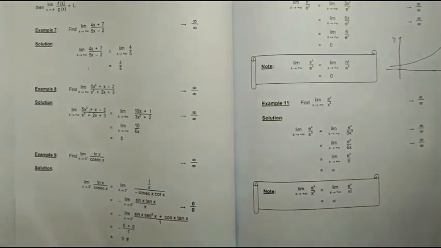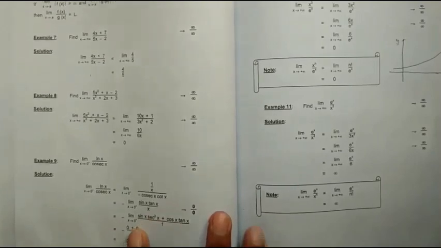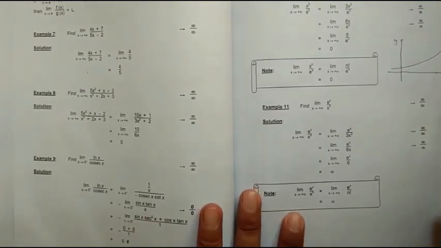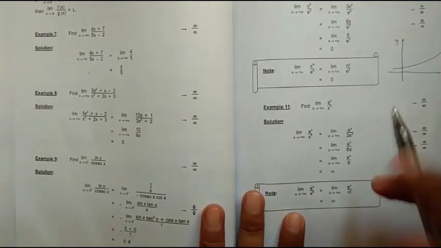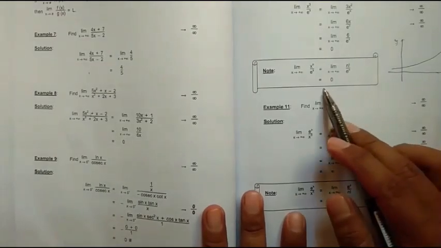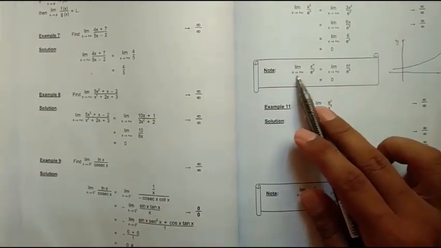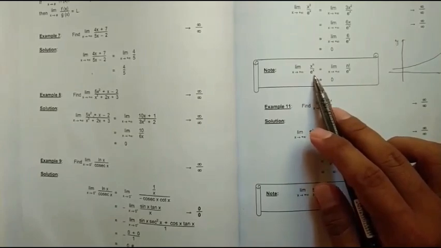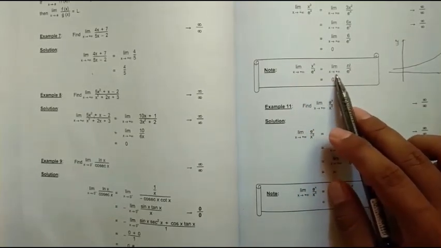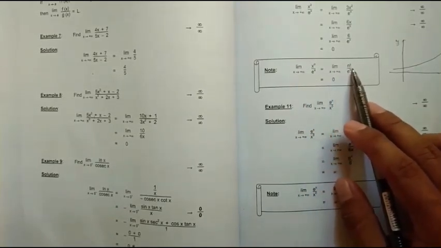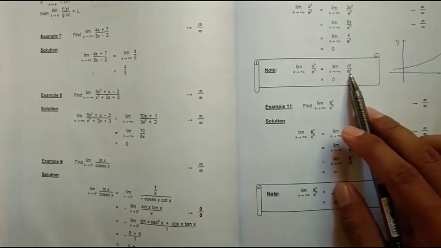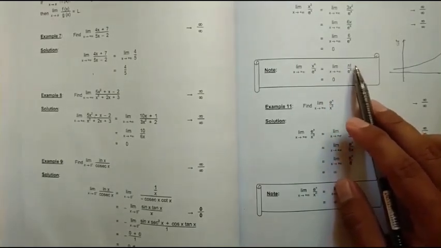Okay. So for example 10, we use a formula. Okay, this is a formula. Limit x approach infinity, x to the n over exponent x, equals limit x approach infinity, n factorial over exponent x. Okay, n factorial is a real number.